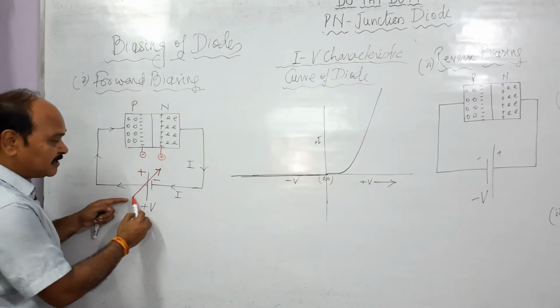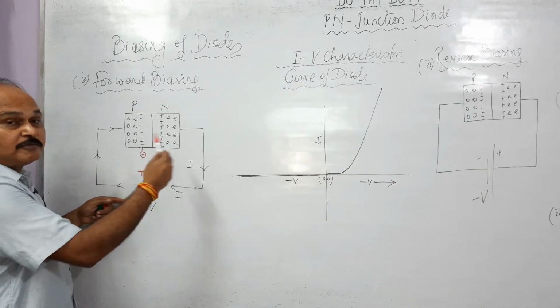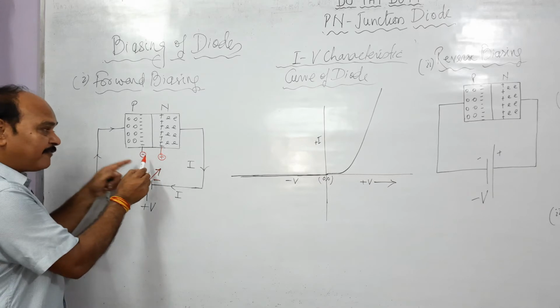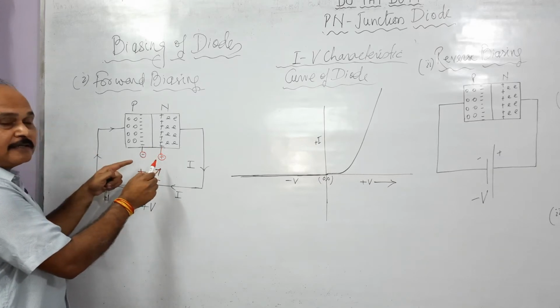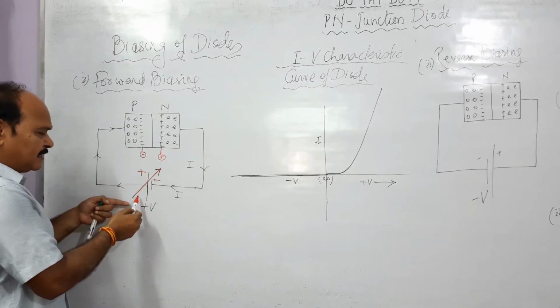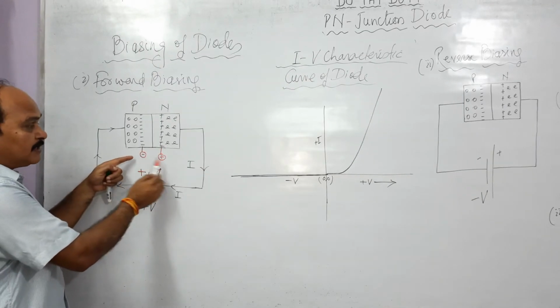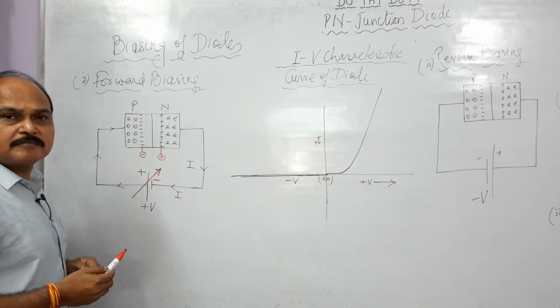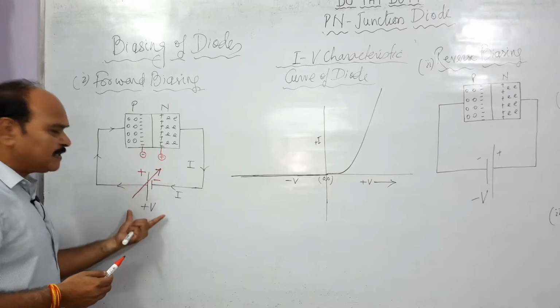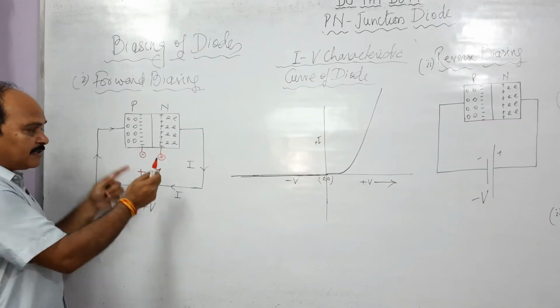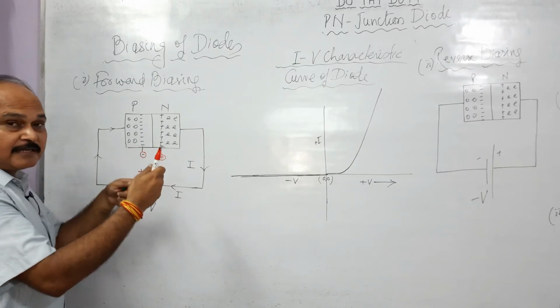But as we increase this potential difference from zero onward, what happens? This potential difference nullifies the barrier. Why? Because the polarity of this external battery is opposite to the polarities which exist over the terminals. So as the external potential difference is increased, the barrier potential is nullified.